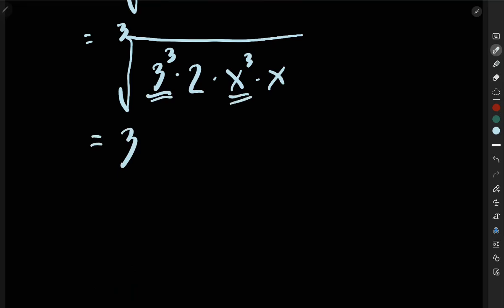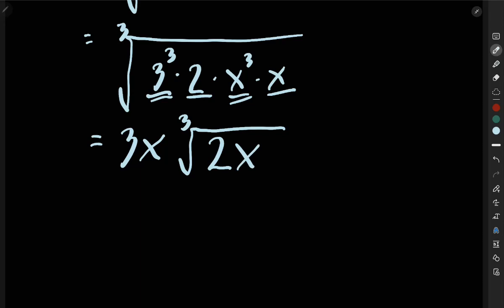So 3 divided by 3 is 1. So it's x to the power of 1, or just simply x. Then we will just leave the 2 and x there because we cannot take it out since it doesn't have an exponent that is multiple of 3. So we'll just leave it there, a cube root of 2x. So that is the simplified form.